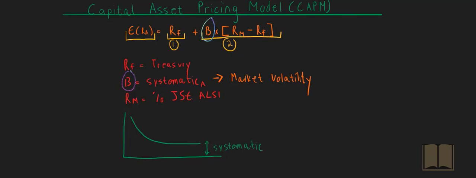So the only compensation that you'll get according to CAPM is the compensation for the level or amount of systematic risk that you take on. You will not be compensated for taking on unsystematic risk because you can diversify it away. So investors will only be compensated for the level of systematic risk that they take on, because this you cannot diversify away.